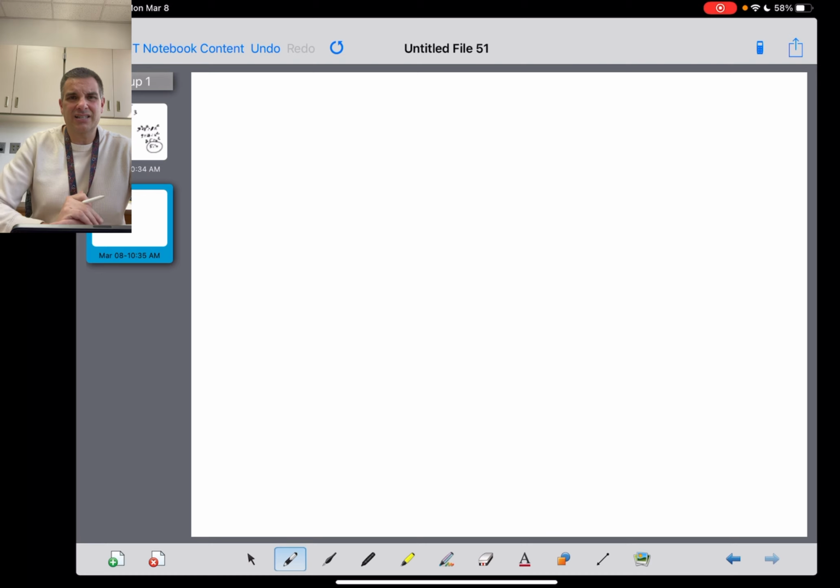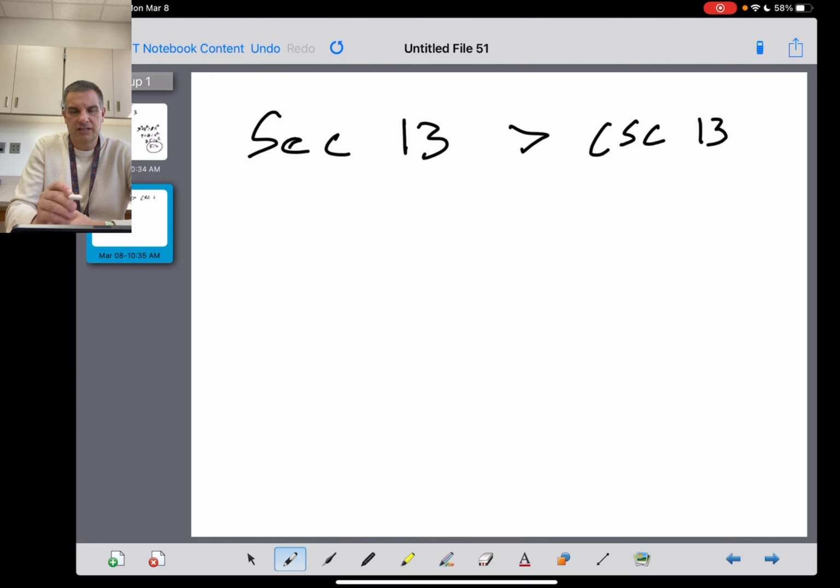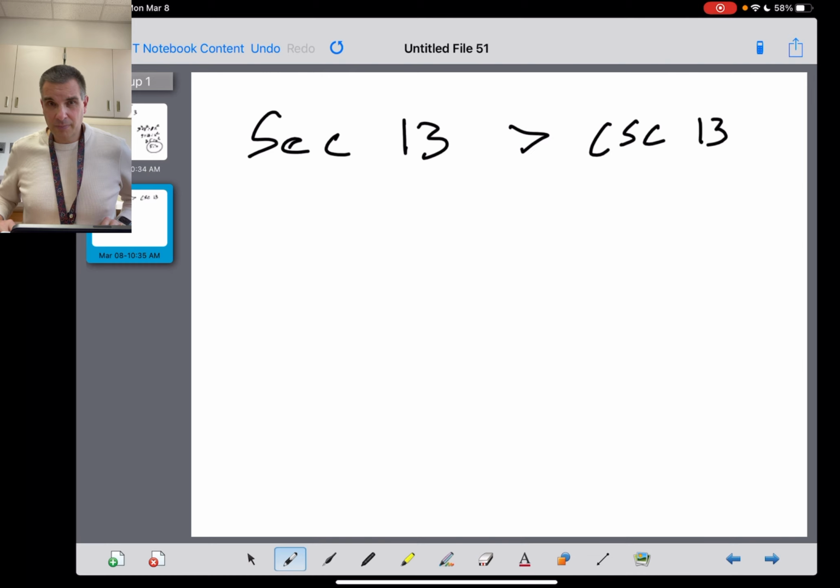The other thing it's going to ask you to do is determine what is bigger. The secant, say, of 13, it's going to ask you if this is true or false, or the cosecant of 13. Remember, the secant is the reciprocal of the cosine.